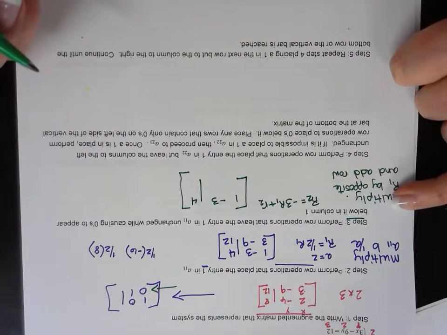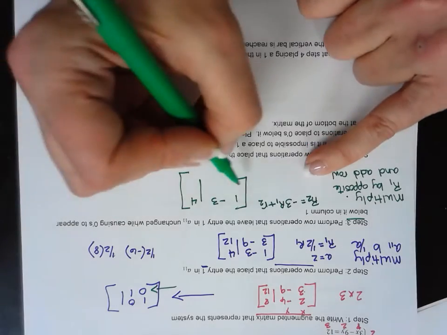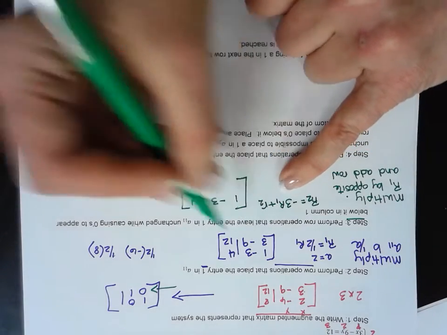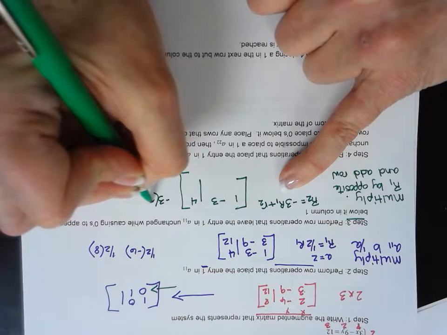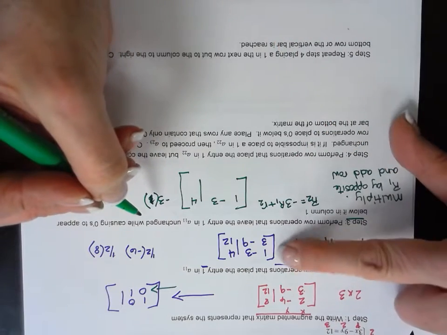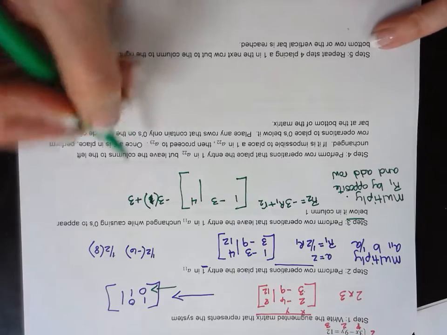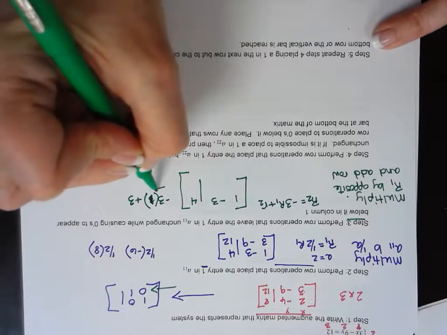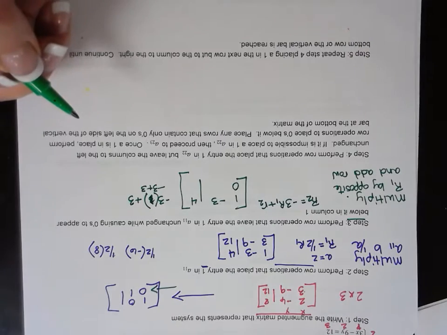I'm just going to go ahead and put that in there. Okay. And so now I just have to multiply each. So for my first element, I'm going to have negative 3 times 1, because I multiply it by row 1, and then I add row 2. So negative 3 plus 3 is going to give me 0. Exactly what I wanted.